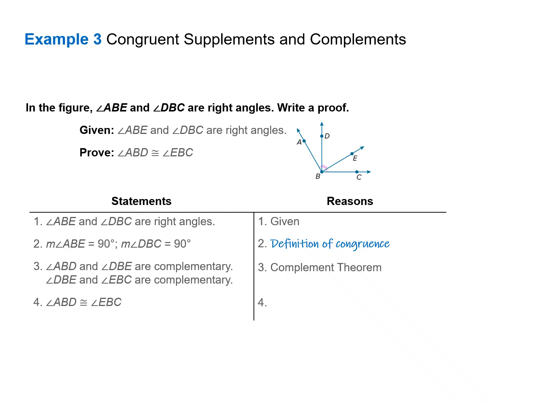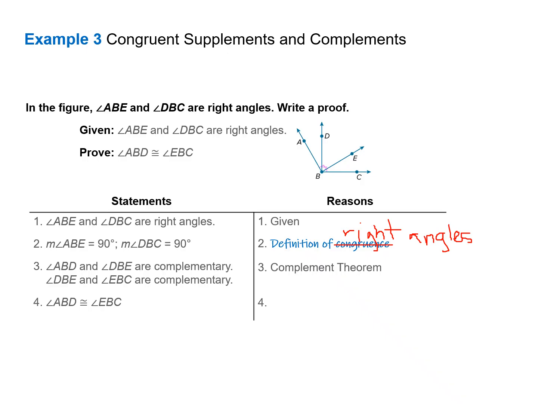Even though this is what the textbook uses, I would say this is the definition of right angles, because that means they have a measure equal to 90 degrees.